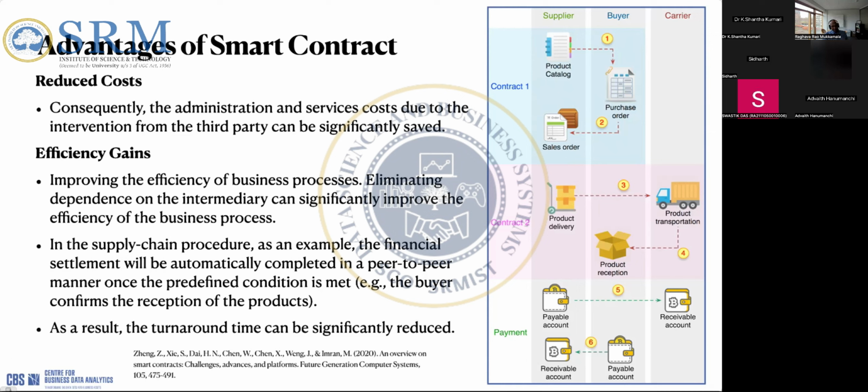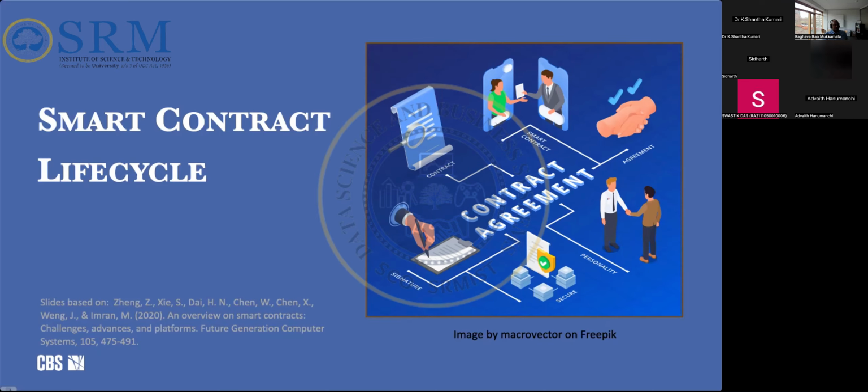That means things can be settled very fast. Right. So let's look into the life cycle of the smart contract. Let us dissect the different life cycles of a smart contract.